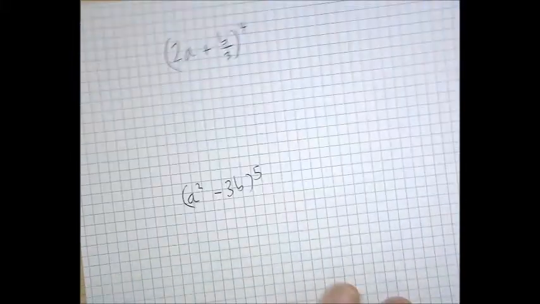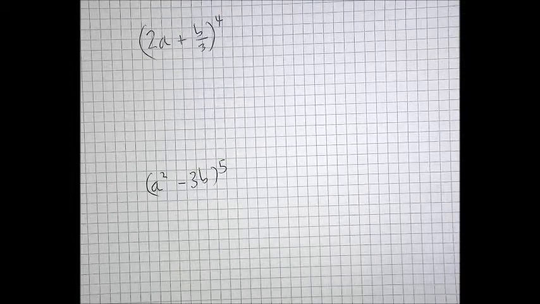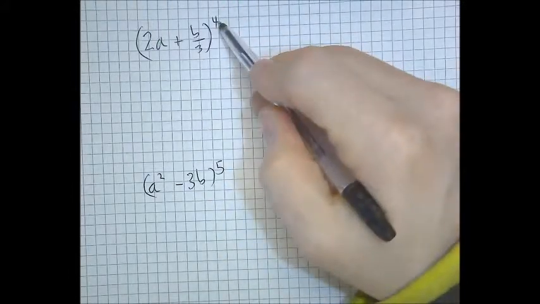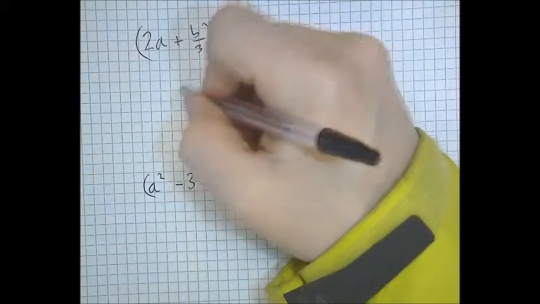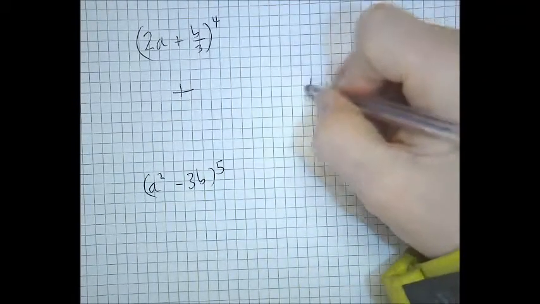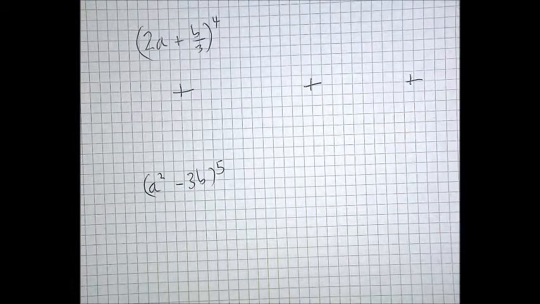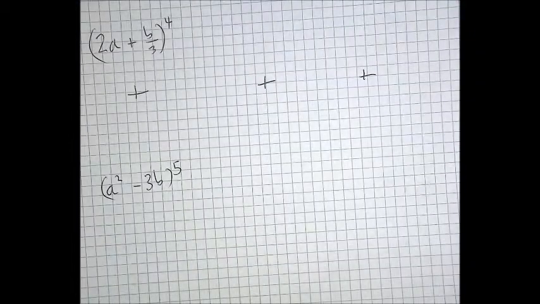Okay, now you imagine like you're building a brick wall, layer by layer. The first layer is to lay down that many plus signs right across the page. I'll just zoom out.